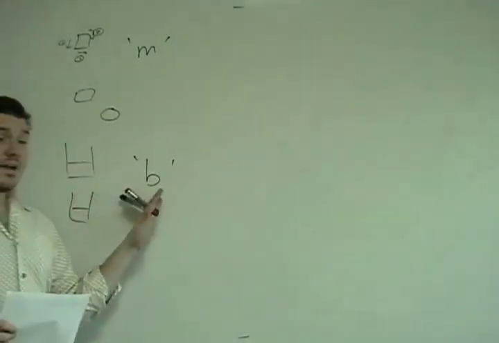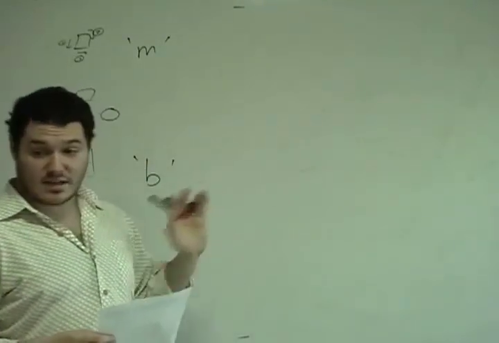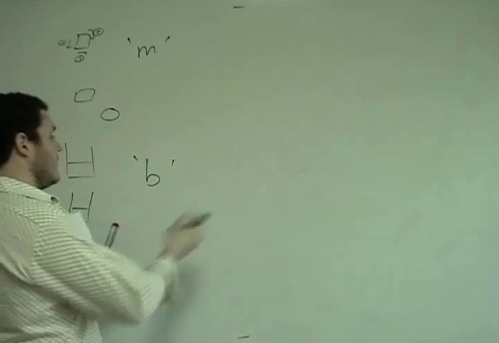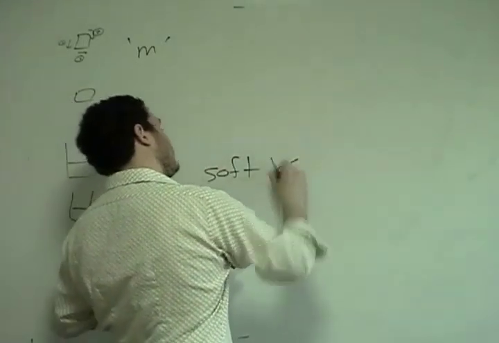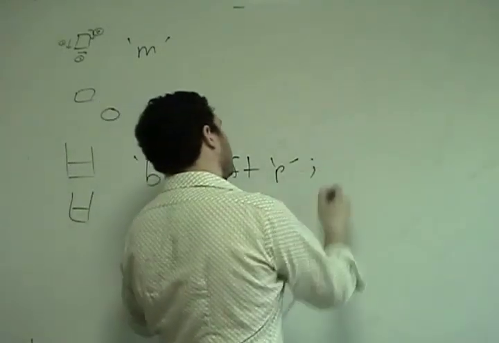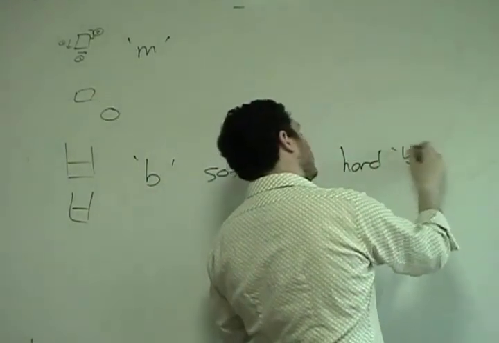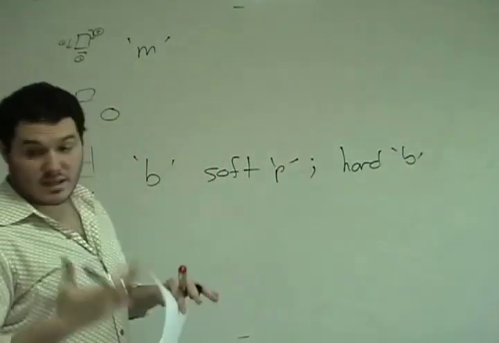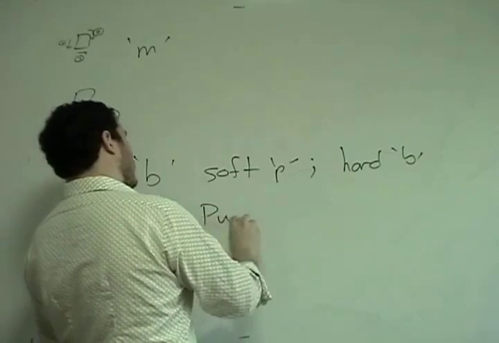This one does have, like the G and the D, that soft and hard groundedness. Occasionally it will be a soft P and hard B. An example of this is Busan.